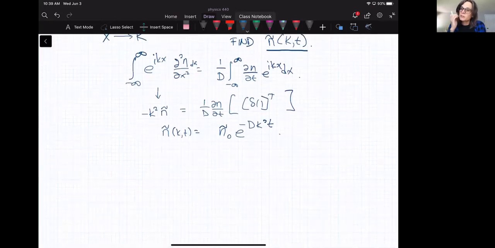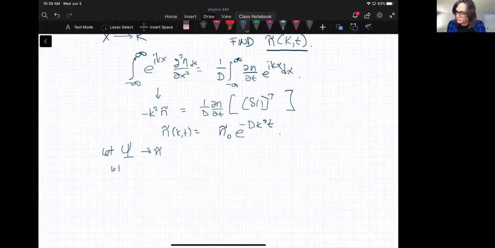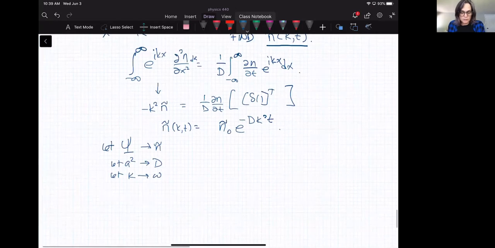And there's a problem that's similar to this in the book for heat flow. So if we let psi be our transform function, n prime or n tilde, let's let a squared be D, and let k be omega, just so that the notation is consistent.